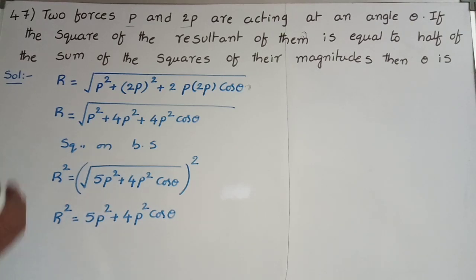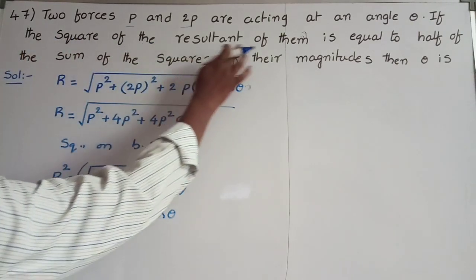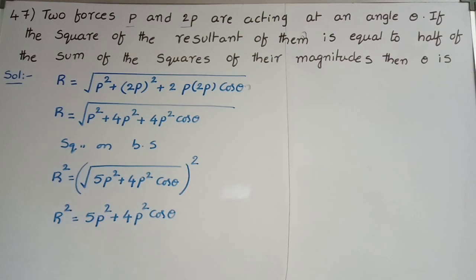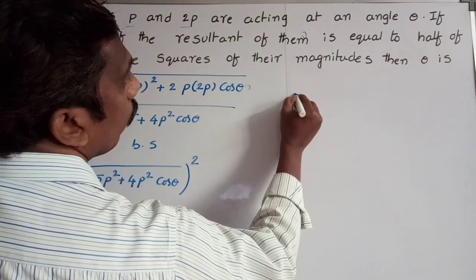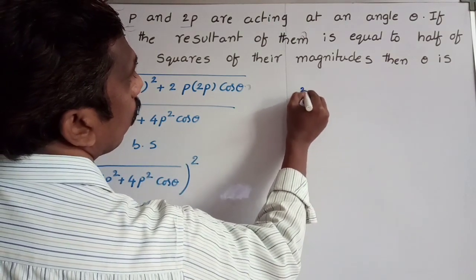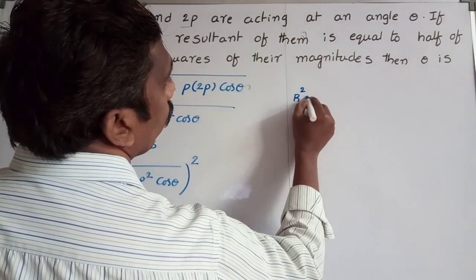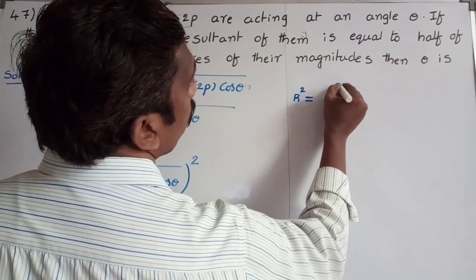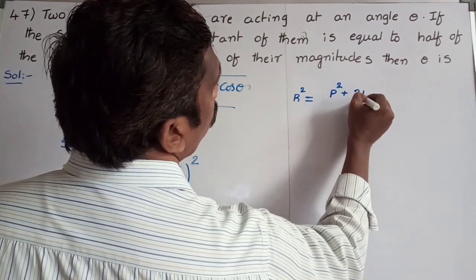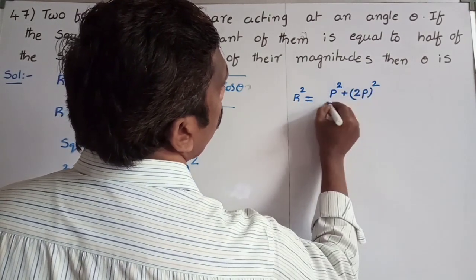But according to the problem, they have given that the square of the resultant of them is equal to half of the sum of the squares of their magnitudes. This is the R square value they have given. Sum of the squares of their magnitudes: P square plus 2P whole square, divided by 2.